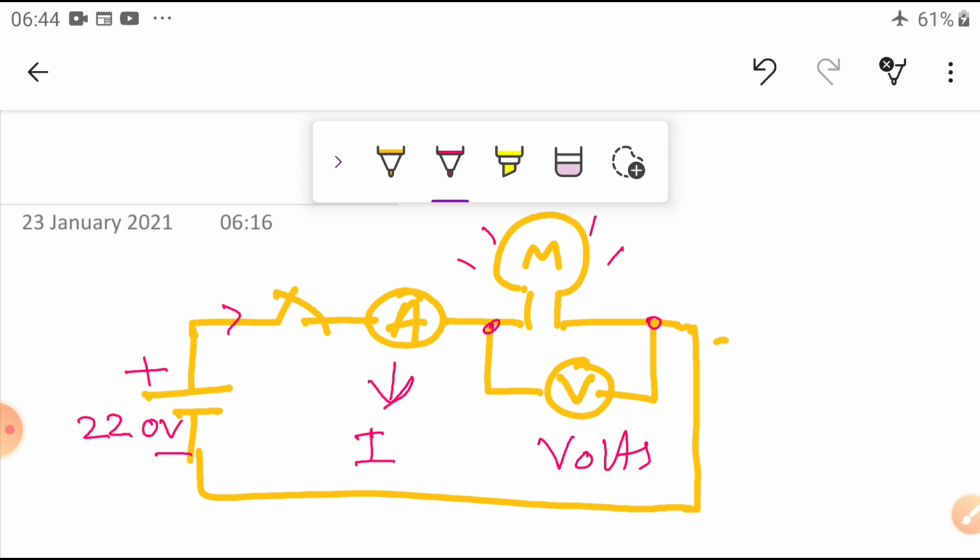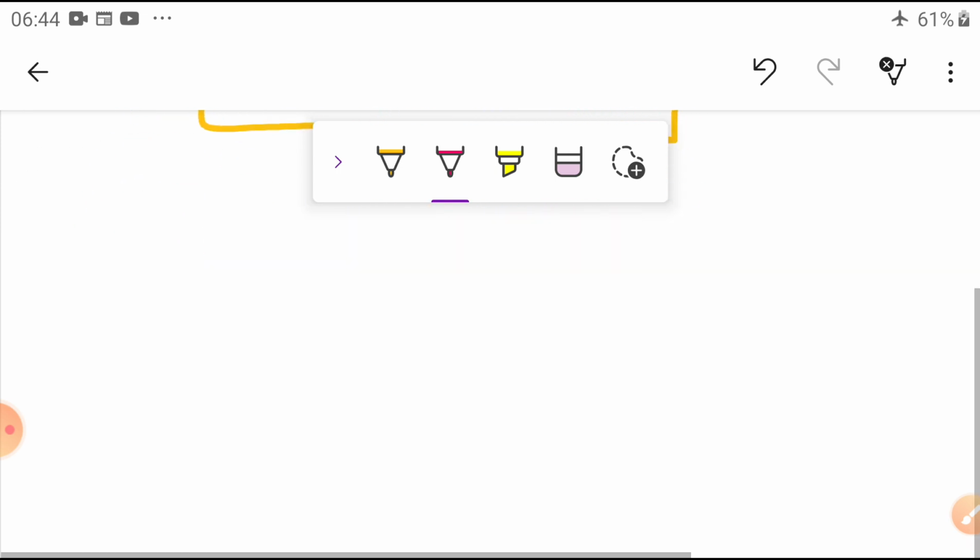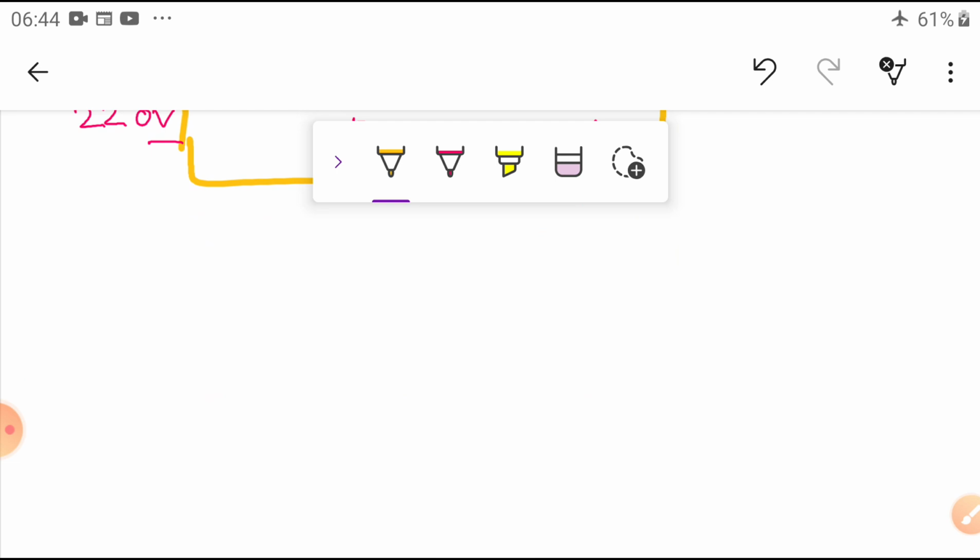Coming to AC circuits, for example, in the same circuit I connect the AC supply.